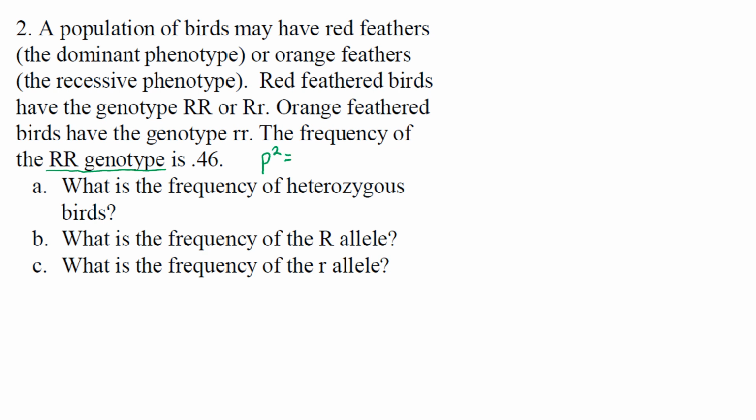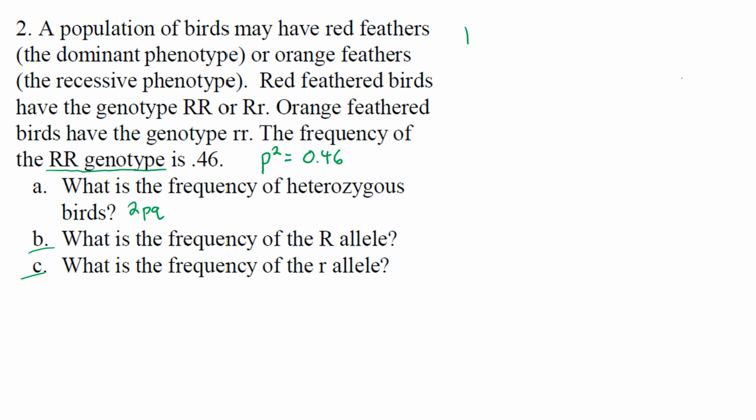So I'm going to write it to the side here. p squared equals 0.46. Now, it says, what's the frequency of the heterozygous birds? So again, we need to find p, we need to find q. And so that's what B and C is asking for. Let's just solve that first.